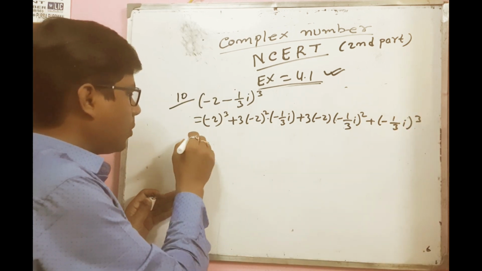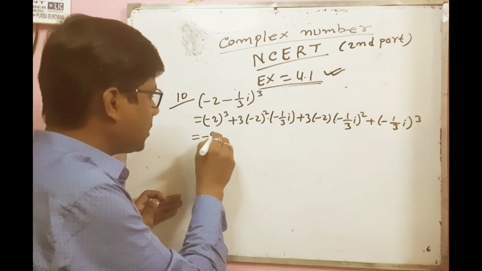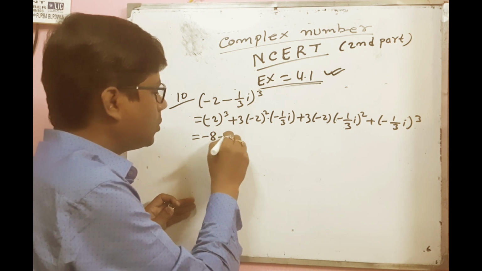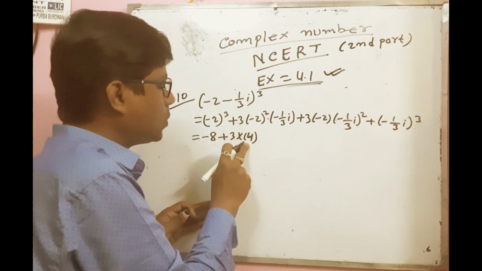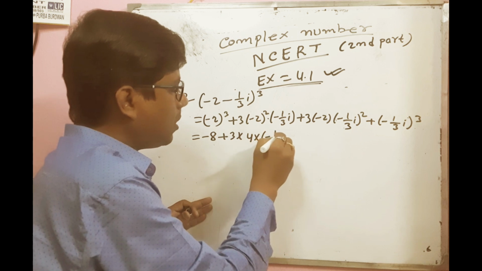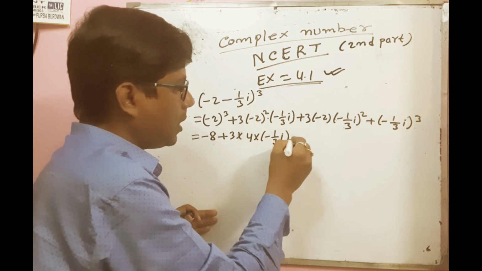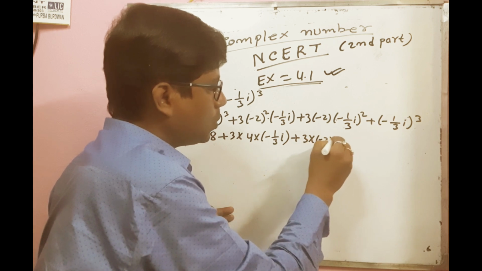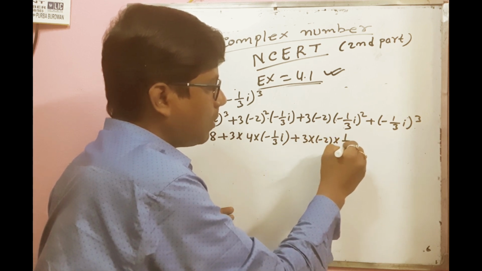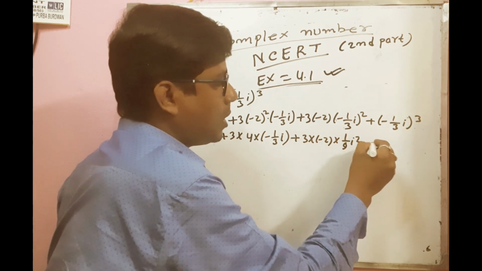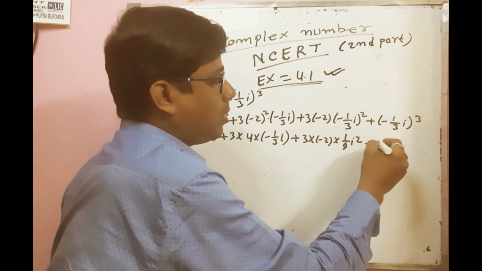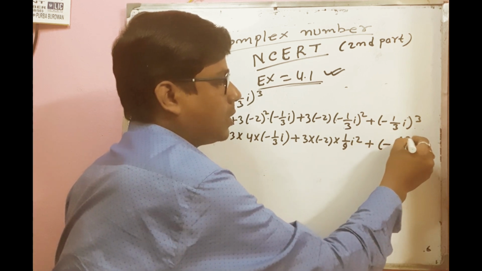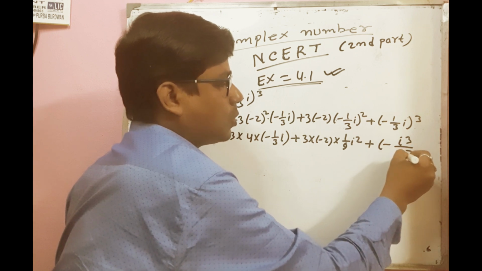Now simplifying, we get minus 8, and minus 2 square is equal to 4, and this is the minus 1/3 of i, and 3 multiplied with minus 2 multiplied with 1 by 9 of i square, and plus of minus i cube by 27.